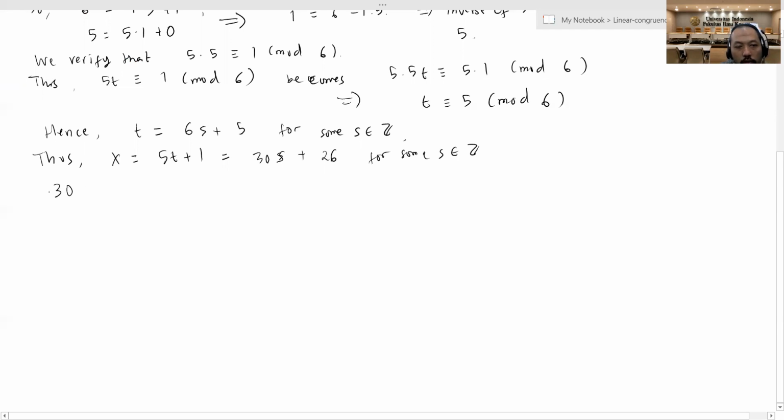Since x is also congruent to 3 modulo 7, we have that 30s plus 26 is congruent to 3 modulo 7.